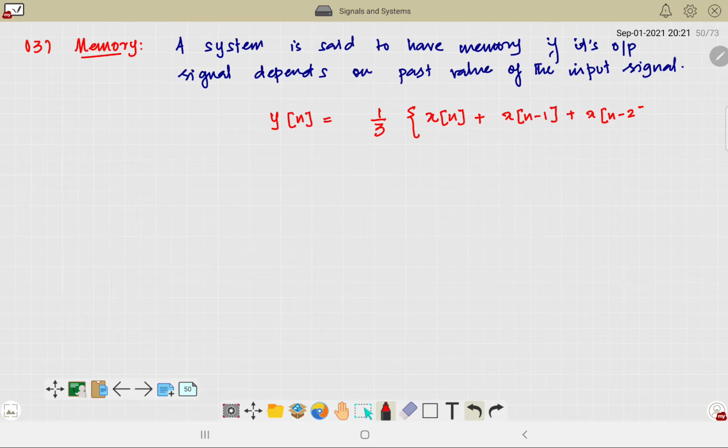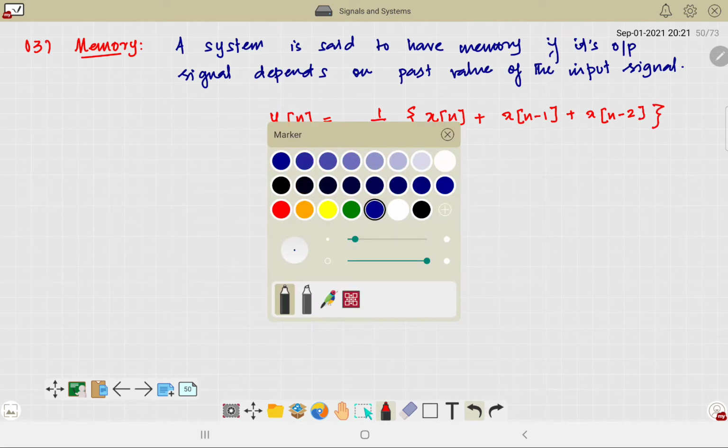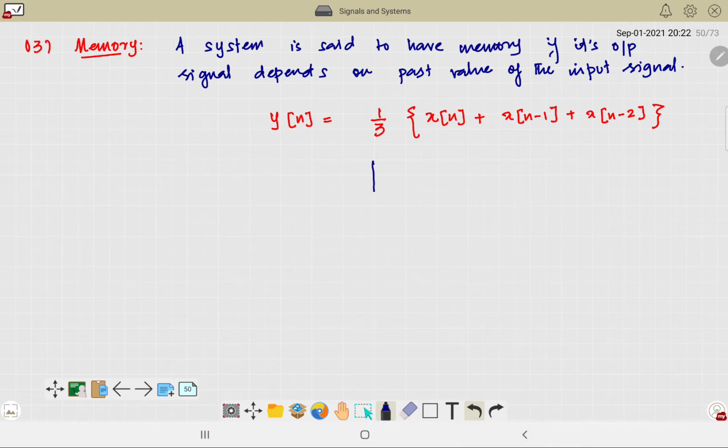This is the moving average system. Now evidently, graphically, this is a system. You're only feeding x of n to get your y of n, but to get your y of n you also need the previous 2 samples, which obviously means that you need to store these 2 samples. Hence we say this is a system which requires memory. Right?